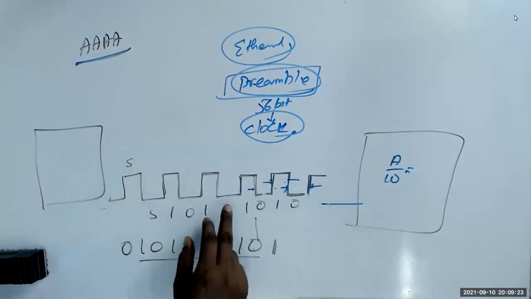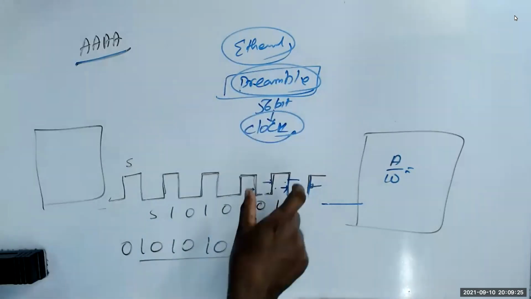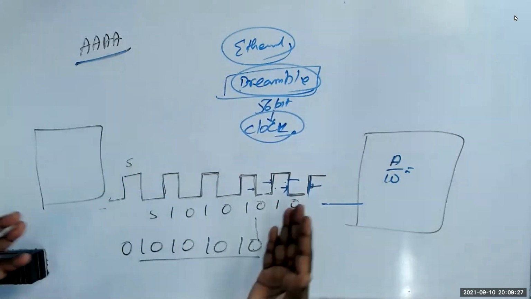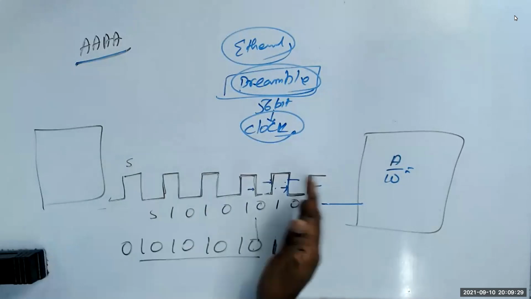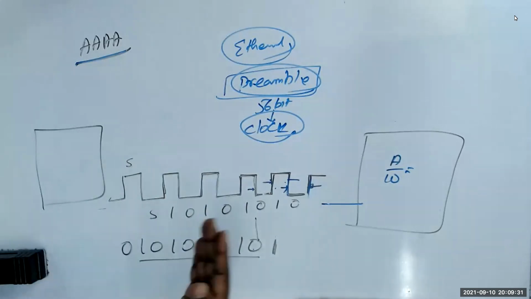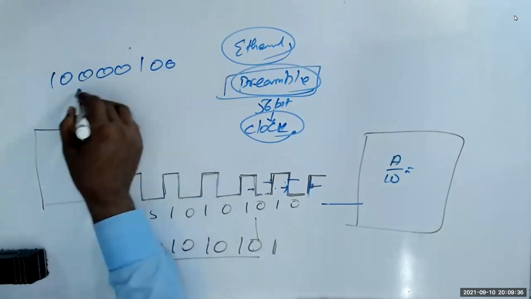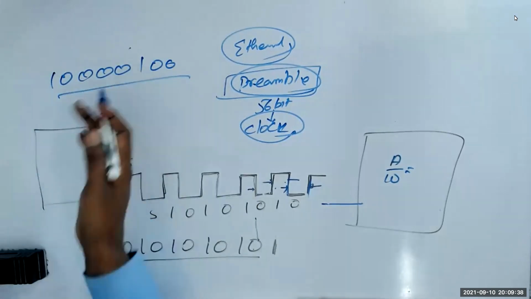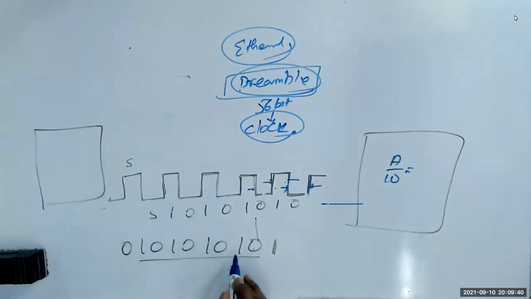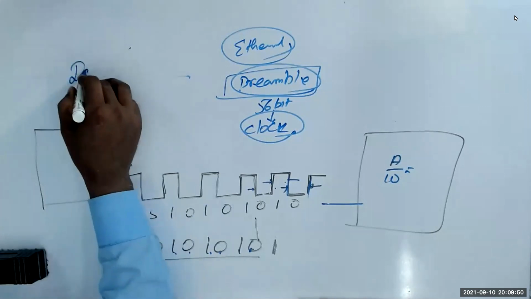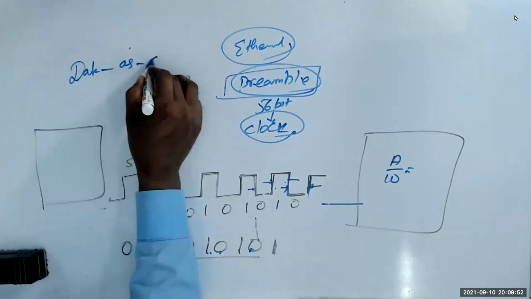The same thing here, this is also called a preamble. I send some data which is exactly like a clock. I don't send 1 0 0 0 0 0 1, then it's not a clock. I will always send 1 0 1 0 1 0 1 0. That's it. Then it becomes a clock. So I cannot send a clock, but I'm sending data itself as a clock.